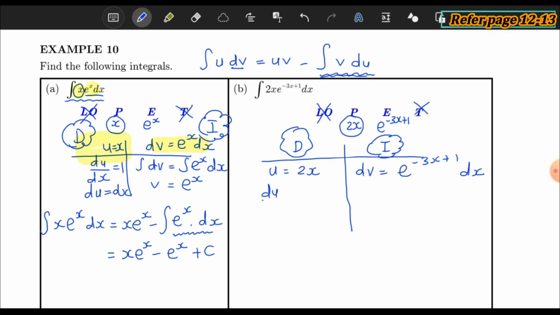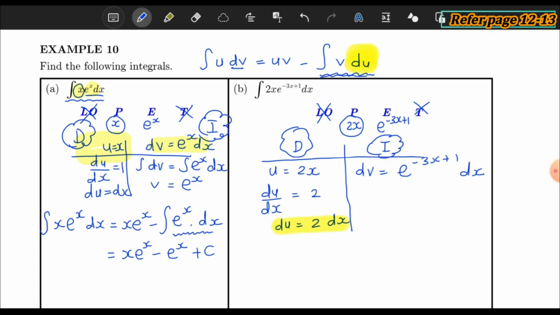So, du dx equal to 2, or du equal to 2 dx. Then we will substitute, replacing du from the formula with du equal to 2 dx.